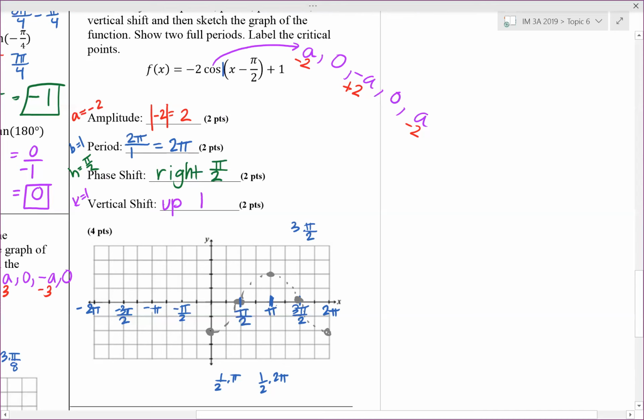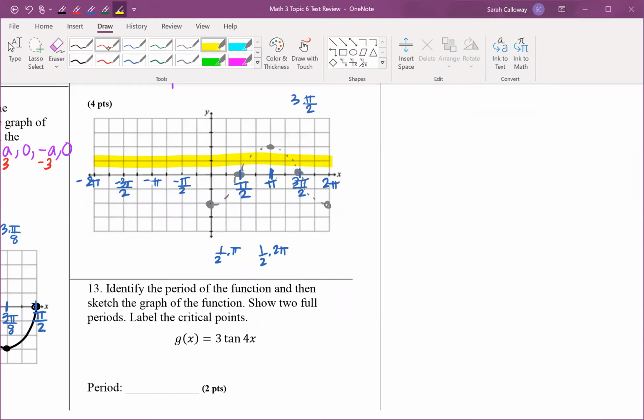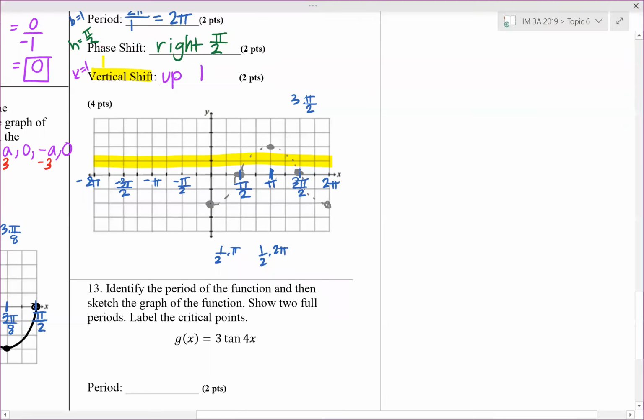So our strategy that we use to help us make sure our amplitude's good is by highlighting our vertical shift as our midline. So since our graph is going to move up 1, if I highlight this, that shows me that I should be 2 above and 2 below and on that line when I move the points. So one thing that is a good strategy to keep your points organized that I actually forgot to talk about during notes is using a different color or using a different symbol.